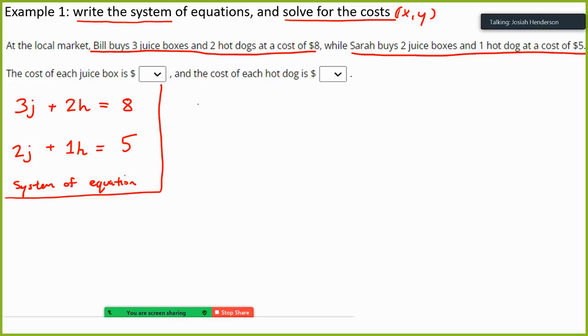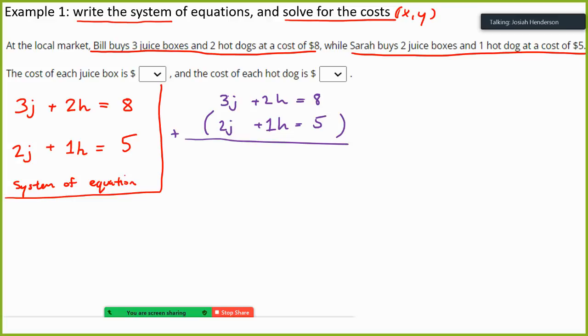Now, here's the deal. I want to just be able to add together the top to the bottom equation and make my H's go away or my J's go away. But let's try just adding them together and see what happens. I'm going to add the whole top equation to that whole bottom equation.